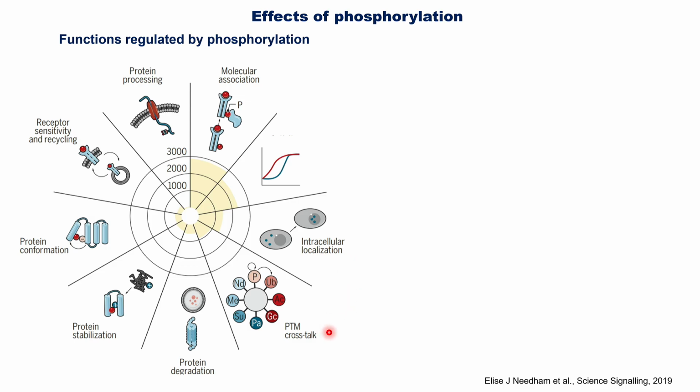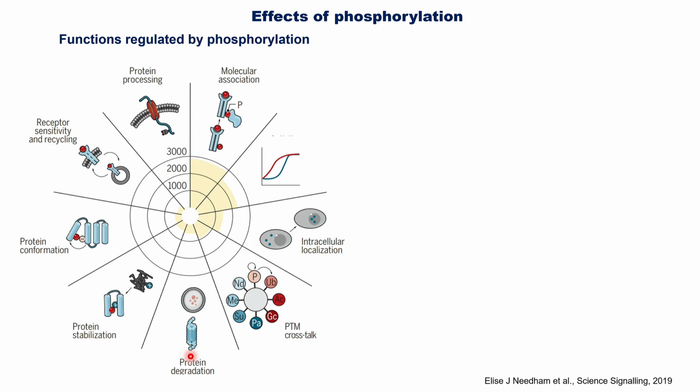crosstalk. When something gets phosphorylated, then something gets acetylated, or if something is acetylated, it does not get phosphorylated. So the crosstalk. Protein degradation: when something is phosphorylated, then it gets deactivated and it does not lead XYZ protein to get ubiquitinated, so the protein is not degraded.